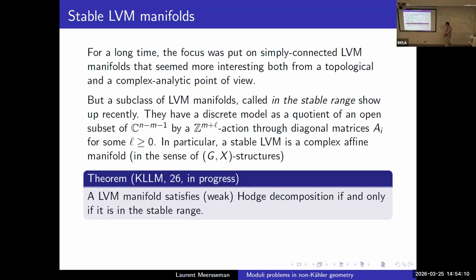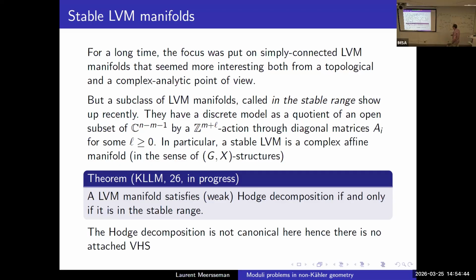By weak Hodge decomposition, I just mean that when you look at the Betti numbers and the Hodge numbers, you have the usual equality that the Betti number b_k is the sum of the h^{p,q} numbers for p plus q equal to k. This is weak Hodge decomposition because, recall, this is a non-Kähler manifold, and h^{p,q} is not equal to h^{q,p} in general.